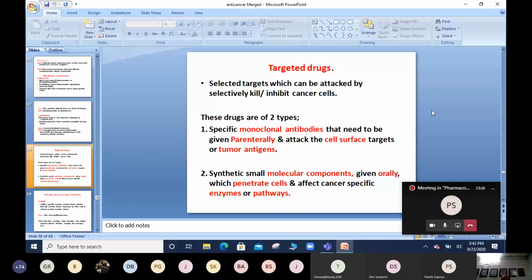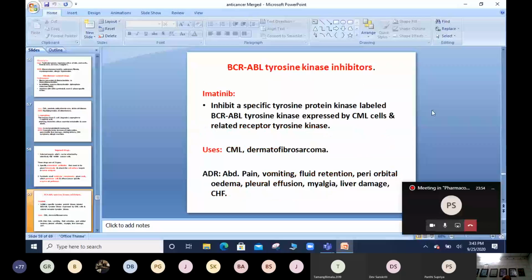When given orally, they penetrate all the cells and particularly affect cancer-specific enzymes or pathways. So these are the two types of substances called targeted drugs.